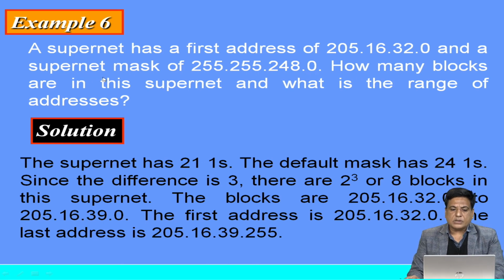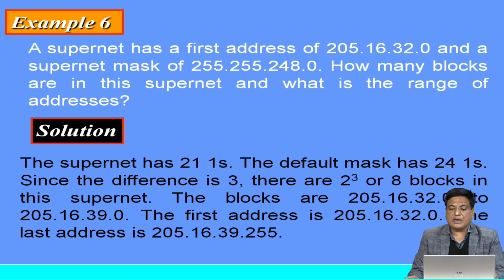How many blocks are in this supernet and what is the range of the addresses? The supernet mask comprises fewer ones. The total number of ones is 8 plus 8 plus 5, which is 21. So 21 bits are for the network ID, and the remaining 11 bits are for the host ID.